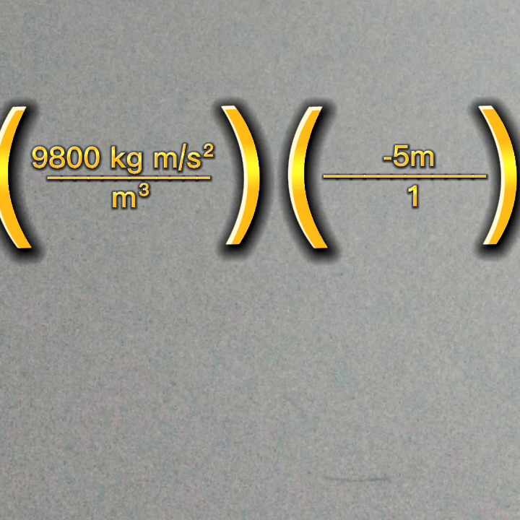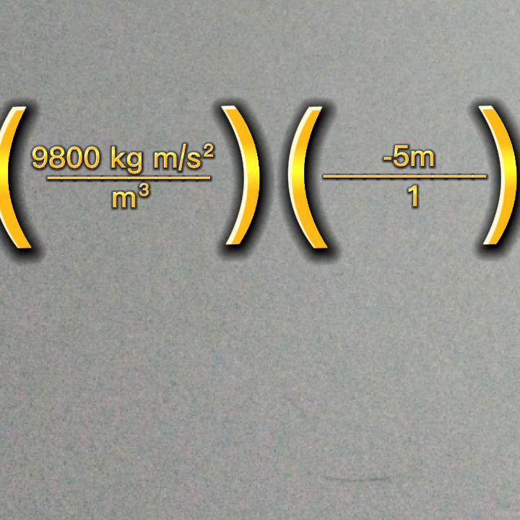And since we have cubic meter at the bottom and a meter at the top, one m cancels, so it becomes square meter instead of cubic meter. So negative 49,000 kilograms meter per second squared over square meter.